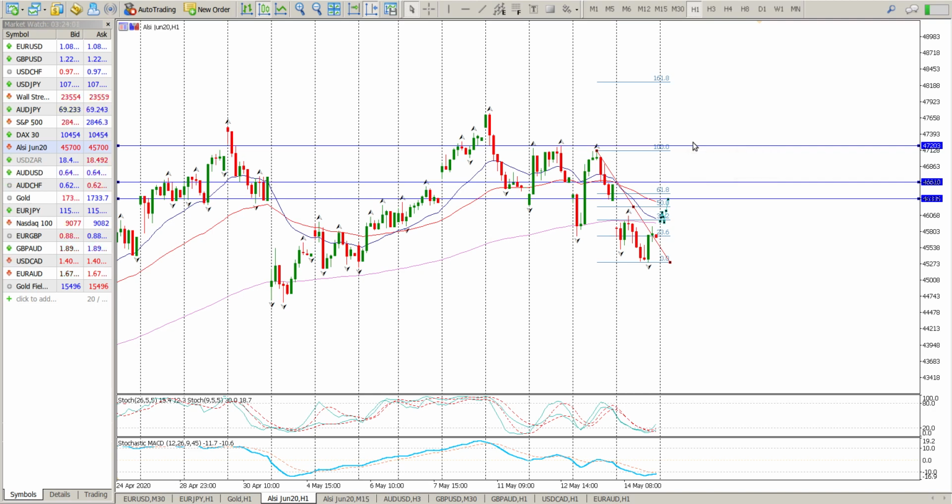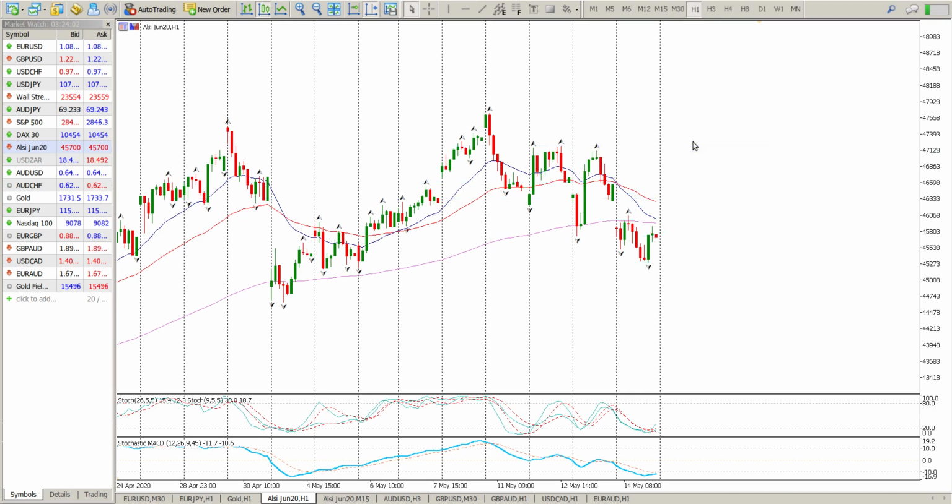And the last thing, which I've spotted on the S&P a little bit late, was there was a wedge on the S&P which broke up, and it broke up quite violently as well.